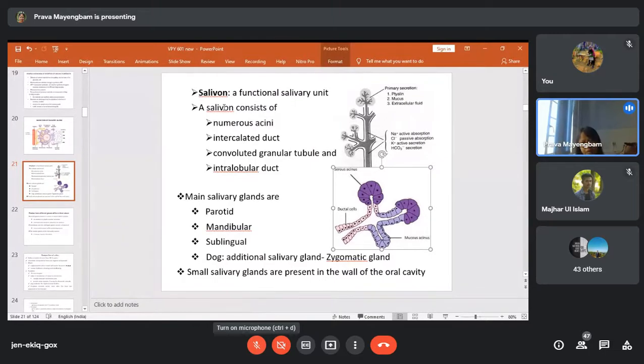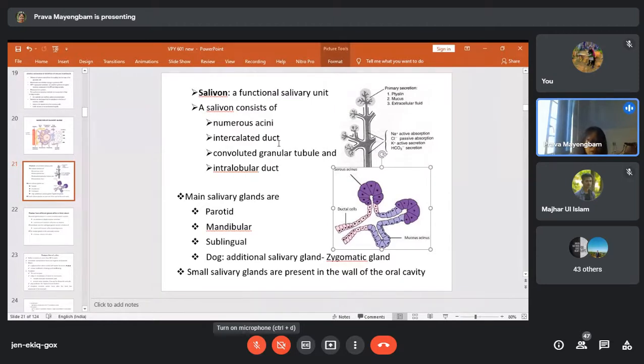One salivon consists of numerous acini, intercalated ducts, convoluted granular tubule and intralobular duct. Many such intercalated ducts will connect the numerous acini and form a lobule, and that lobule will be connected by a duct called the intralobular duct.